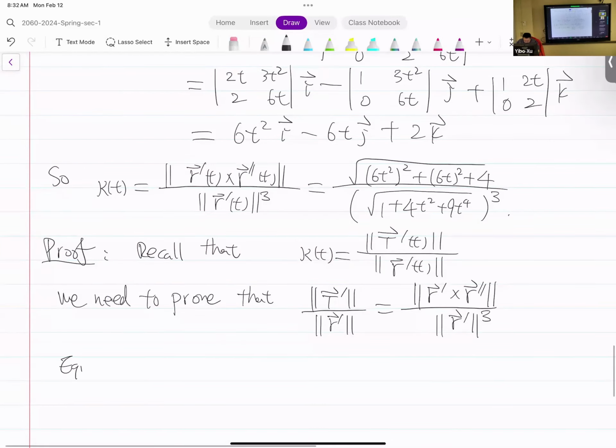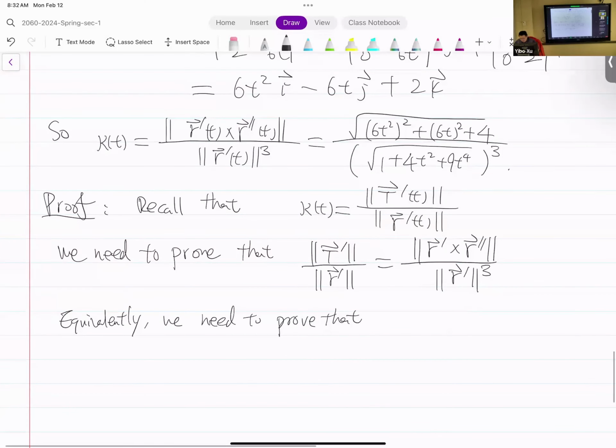Equivalently, we need to prove that if you multiply both sides by the magnitude of r prime cubed, then we just need to show that r prime crossing r double prime has the magnitude of little r prime magnitude squared times the magnitude of cap T prime.